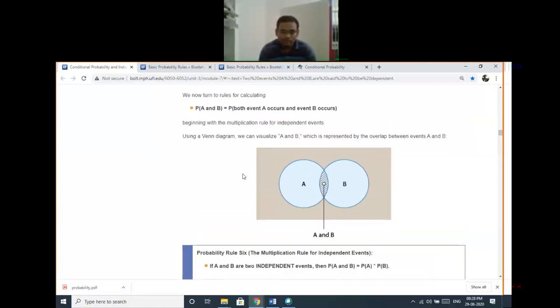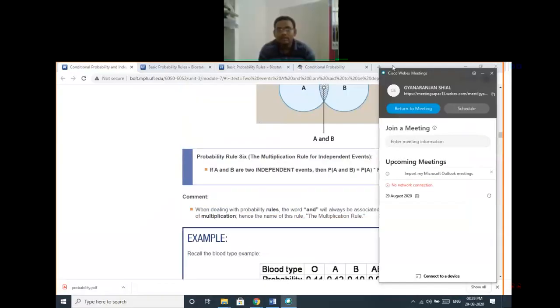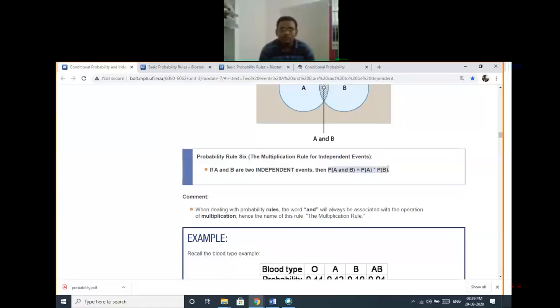We will see some examples of when both events can occur simultaneously. This probability rule says that if A and B are two independent events, then the probability of A and B equals the probability of A times the probability of B. You have to remember this rule: if both events are independent, meaning A doesn't depend on B or B doesn't depend on A, then we can multiply the two probabilities.